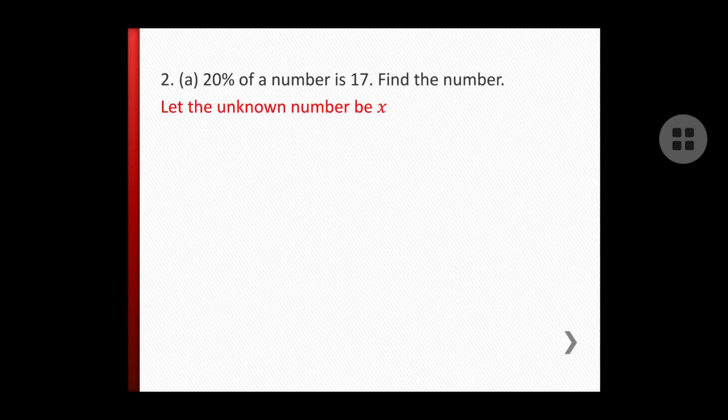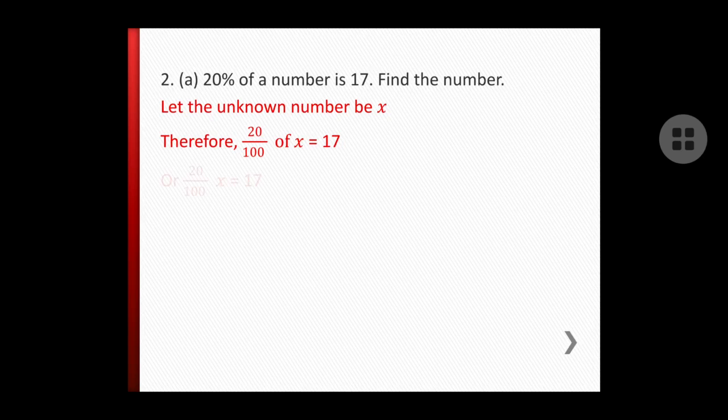You can use the same concept which we are doing here. We don't know what the old number is, but 20% of that number is 17. So here we can say that 20% of x is 17.